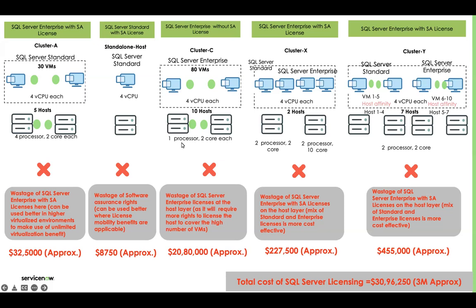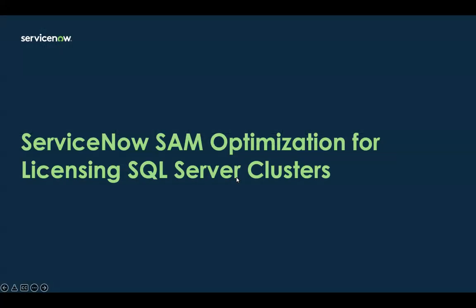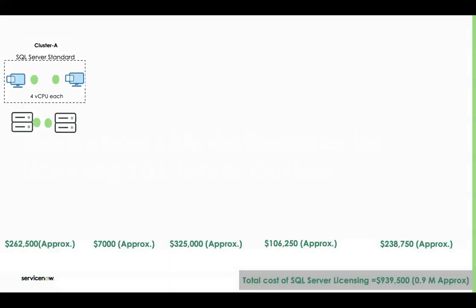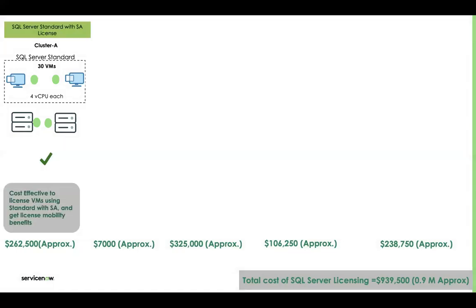Now let's see the ServiceNow SAM approach of licensing. ServiceNow SAM provides an optimized licensing approach in this particular use case. You can see here that on the Standard cluster, licenses with SA were applied, because it's more cost effective to use your SA licenses here.